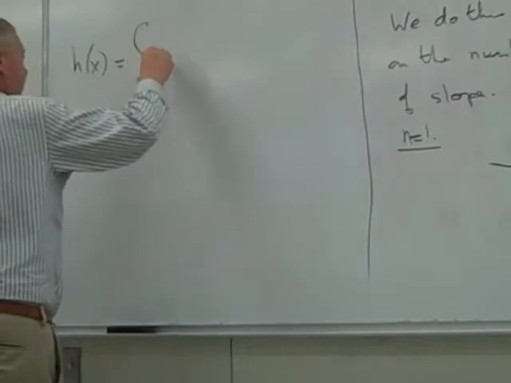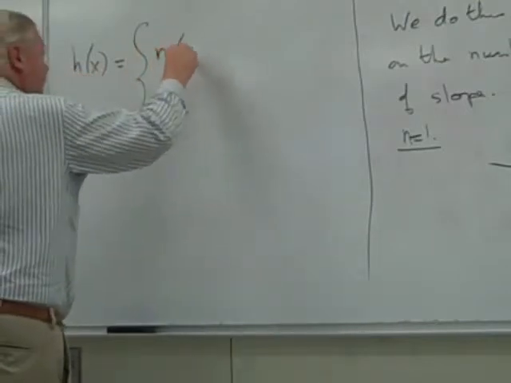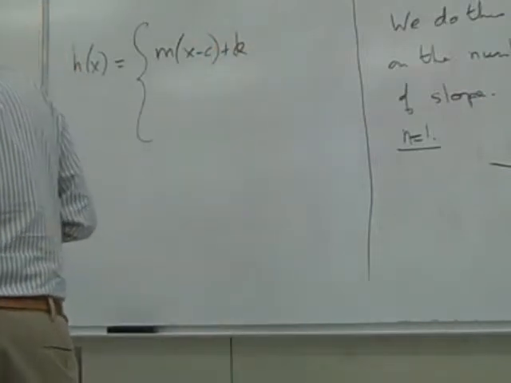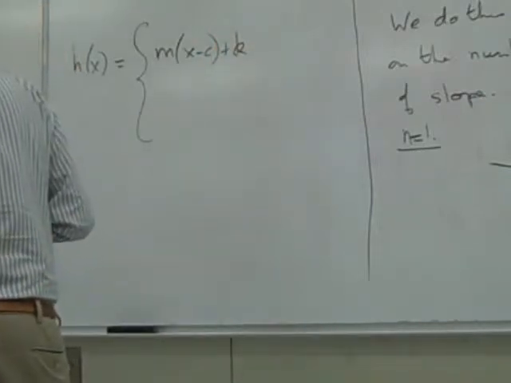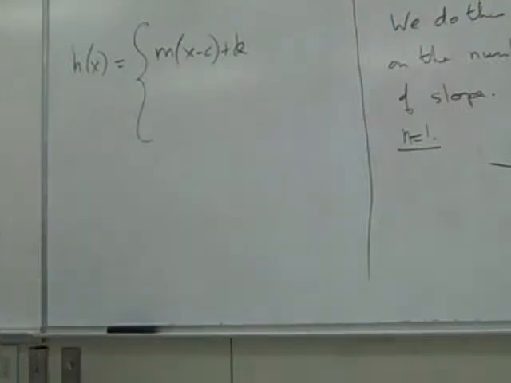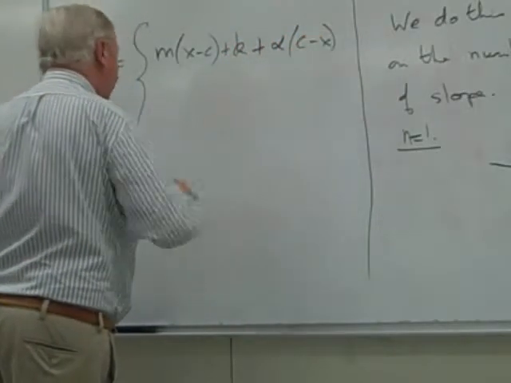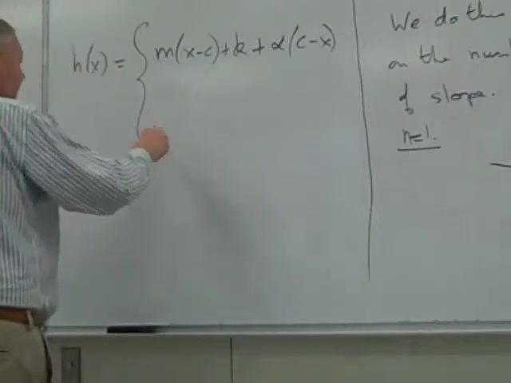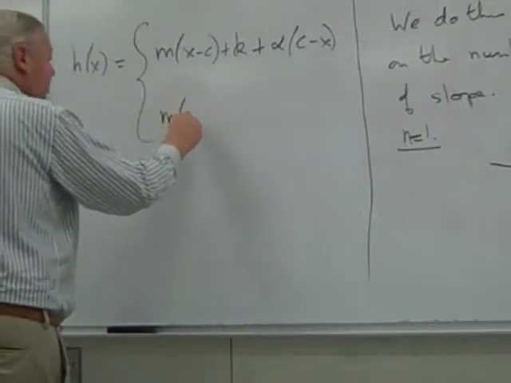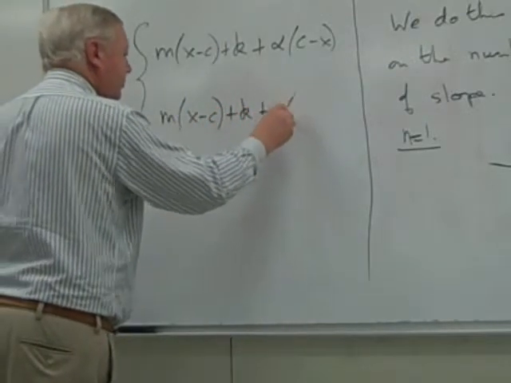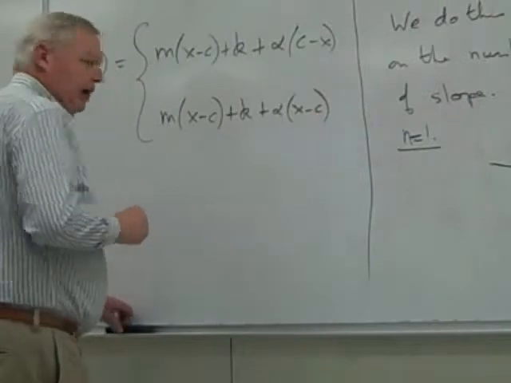So I want m times x minus c plus k. And now when x is to the left of c, x minus c is negative, so the absolute value is c minus x, plus alpha times c minus x. And then to the right of c, I have this.